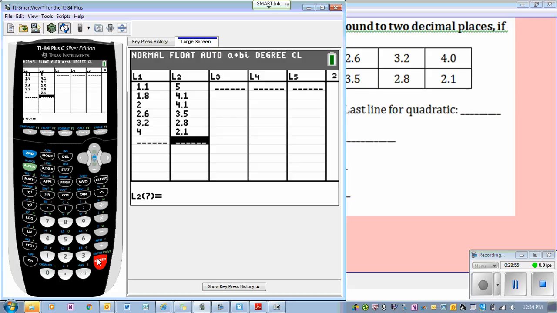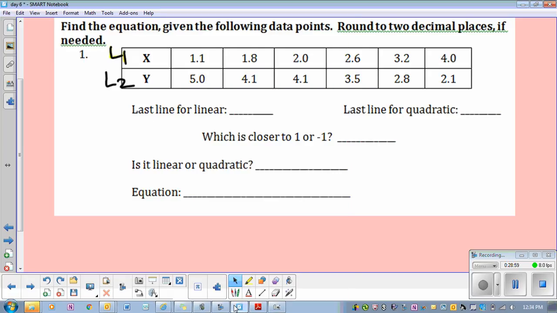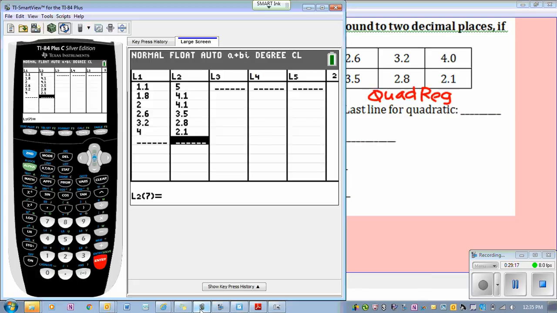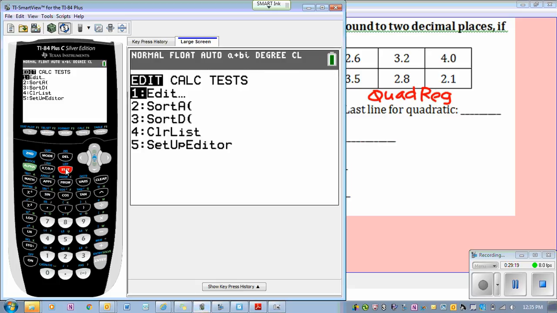If you look at your problem, it says last line for linear, last line for quadratic. They're saying linear, we're going to do lin reg. Quadratic, we're going to do quad reg. This is how we do that one. Go back to stat after you finish putting in all your data.